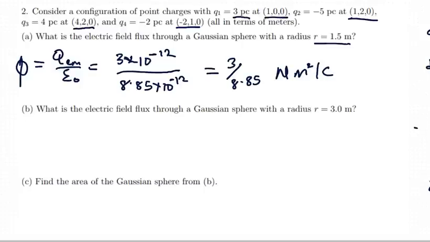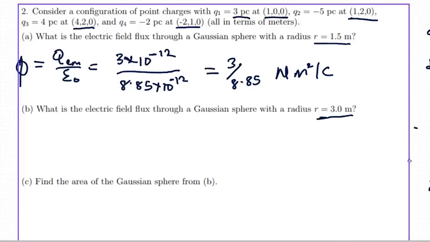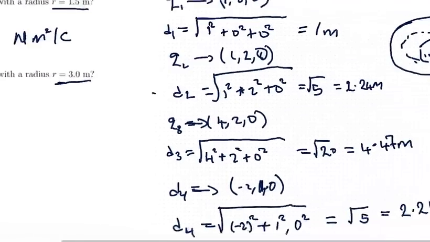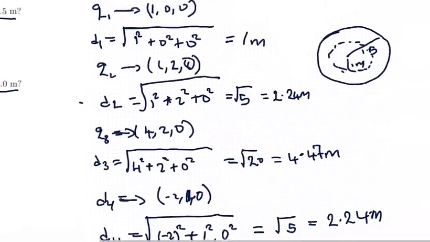For the second one, we are asked to find the flux for the Gaussian surface that is enclosed within 3 meters. From the calculation we got the distances.